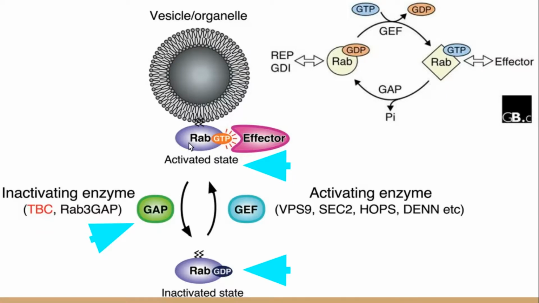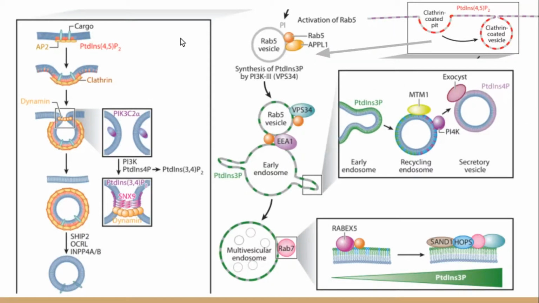Now let's look at how Rab proteins and phosphatidylinositols coordinate together to mediate membrane dynamics. At our plasma membrane, remember we have these local PI35P enriched microdomains that recruit proteins with pH domains. And this includes most notably the proteins from the endocytic machinery, like Dynein and AP2.